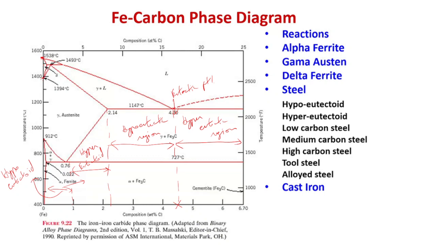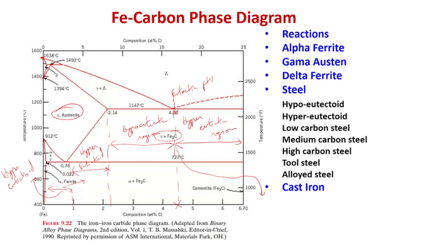Another possible question that can be asked is this one. This gamma plus Fe3C, do you know what this is called? Austenite? No, this is cementite. This gamma alone is austenite, right?